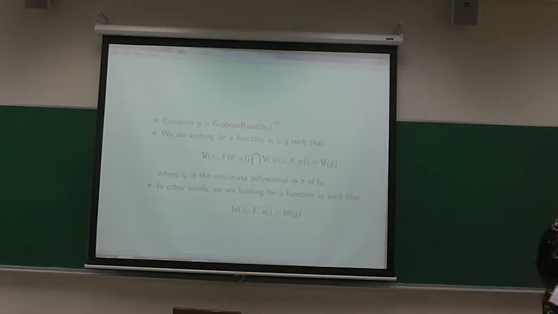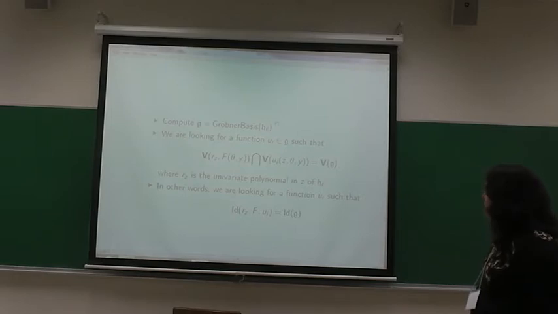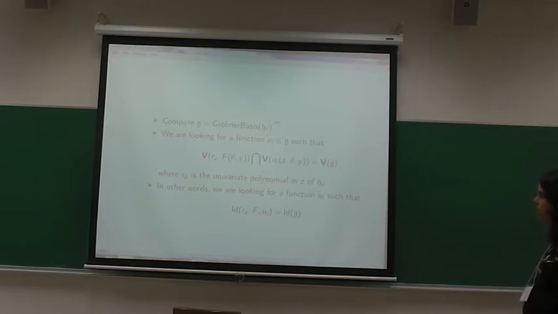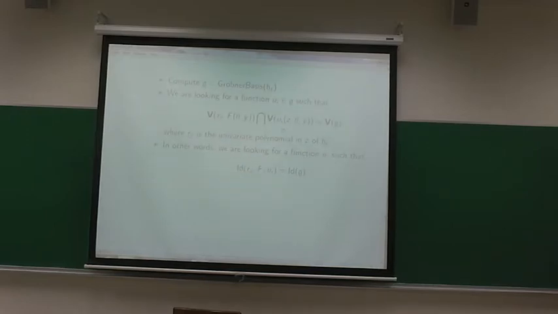Compute a Grobner basis for H_L. We are looking for u_i in that Grobner basis such that the variety of R(Z) and f of theta y, intersected with the variety of u_i, Z, theta, y, is the variety of the Grobner basis, where R(Z) is the univariate polynomial in Z of H_L. In other words, we're looking for a u_i such that the ideal generated by R(Z), f and u_i is the ideal generated by the Grobner basis.